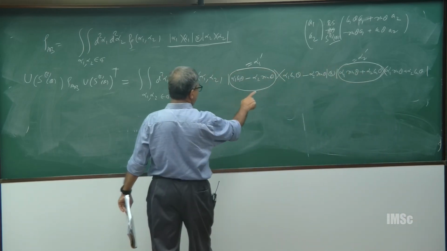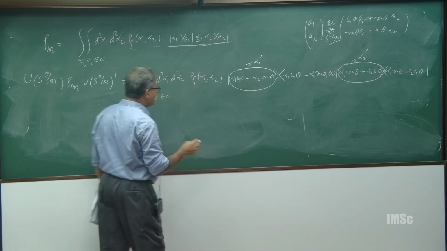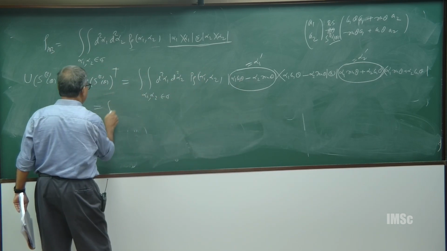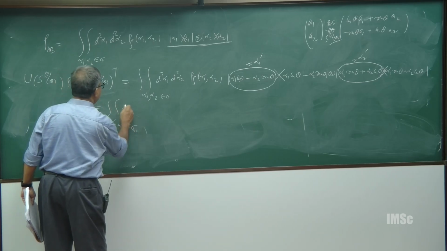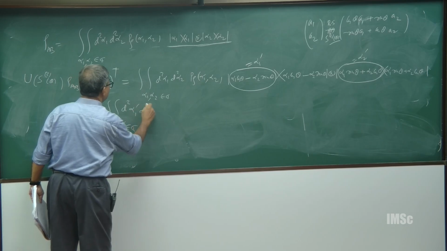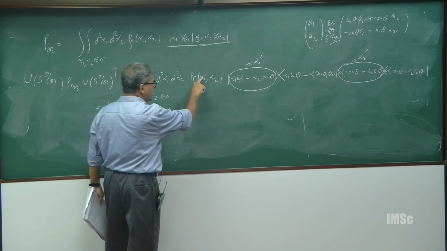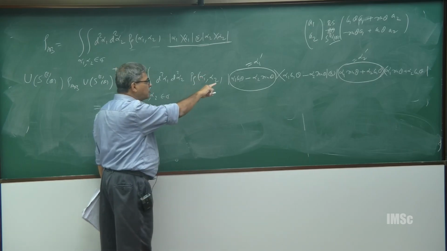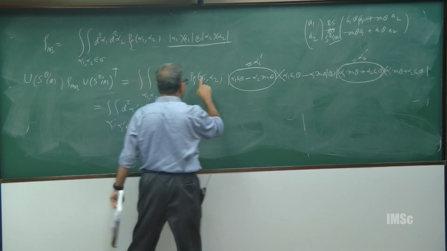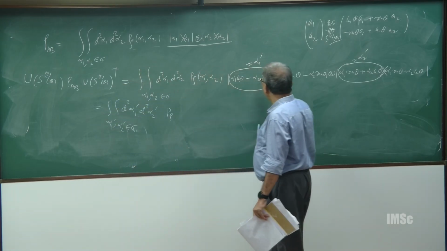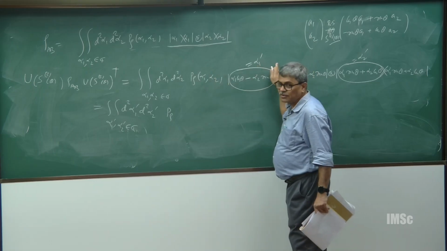Now, because this is a rotation in the alpha 1 alpha 2 plane, this does not change the Jacobian of the transformation. So, I can take alpha 1, alpha 2 prime belonging to C, d square alpha 1 prime, d square alpha 2 prime, p rho. Now, I replace alpha 1 alpha 2 by alpha 1 prime alpha 2 prime. I can always do that. I basically express alpha 1 in terms of alpha 1 prime and alpha 2 prime, and alpha 2 in terms of alpha 1 prime and alpha 2 prime.